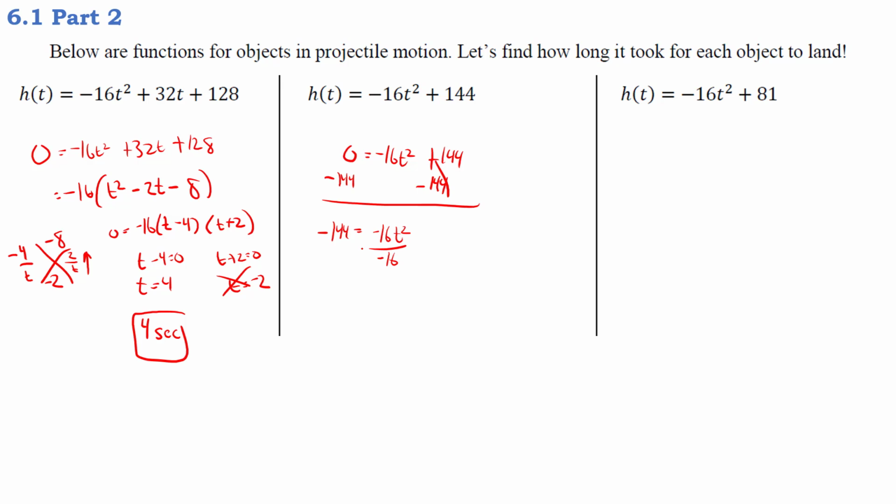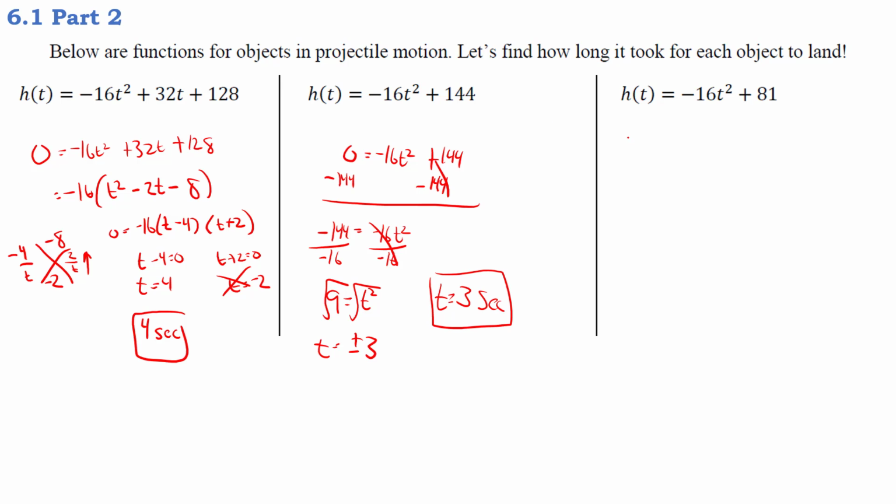Divide by negative 16. And the 16 goes away over here, and we're left with 9 equals t squared. The square root of both sides, left with t equals plus or minus 3. Well, we know we can't have a negative 3 value, so our t is going to simply be 3 seconds. That's what we're looking for.